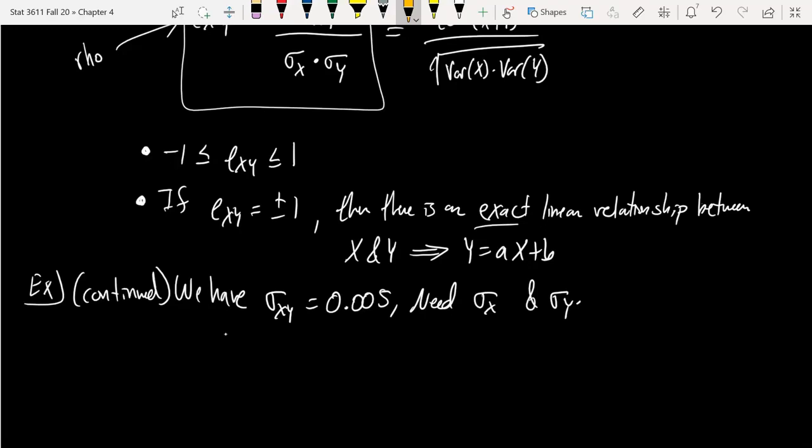How do we get sigma x? The standard deviation, remember, is just the square root of the variance. So in order to find the variance, remember that the variance of x is equal to the expected value of x squared minus the expected value of x quantity squared, right?